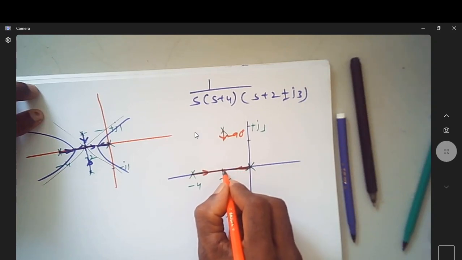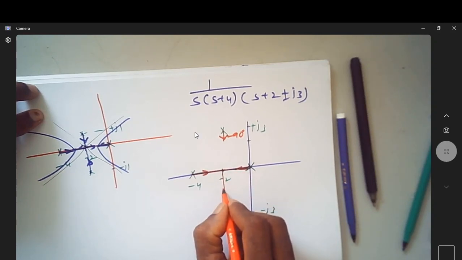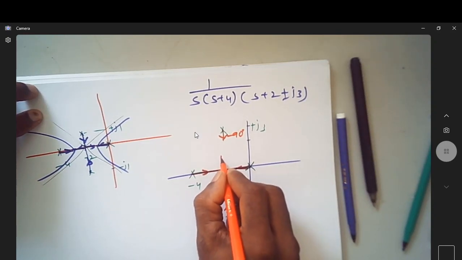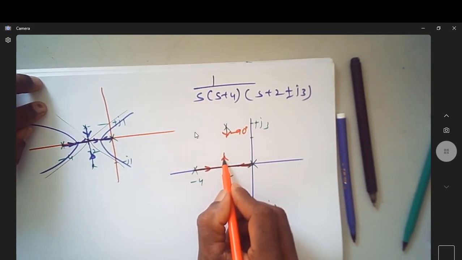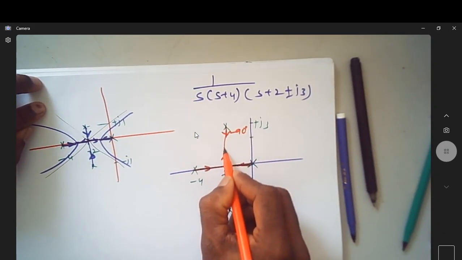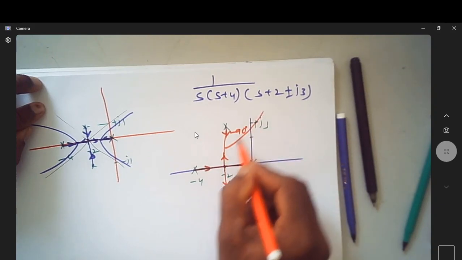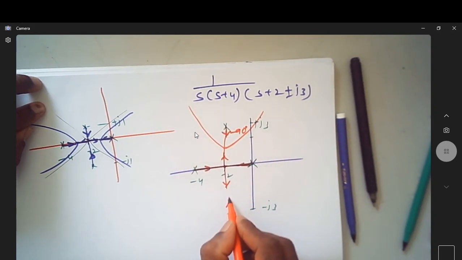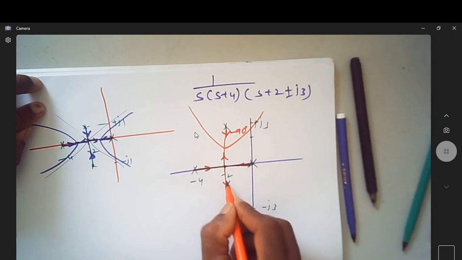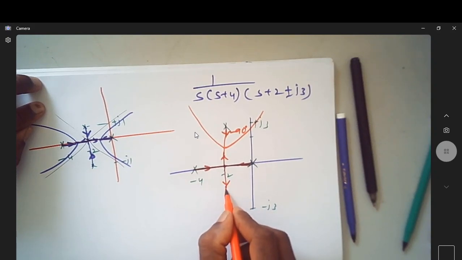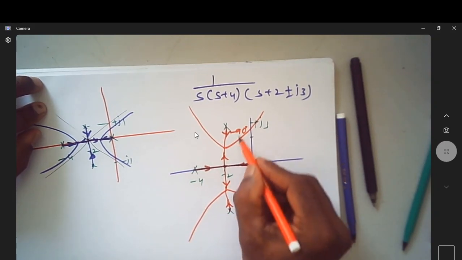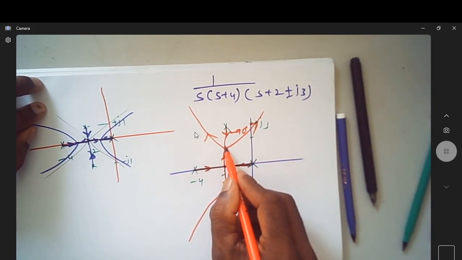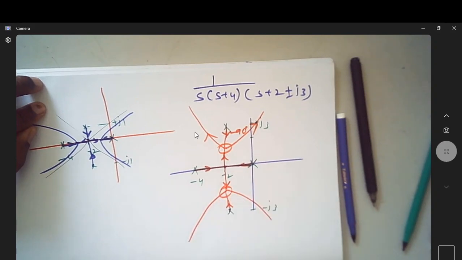The moment they break at minus 2, one tries to go down, other tries to go up. The one which is going down will again break somewhere here, and one will go here, other will go here. Here we know that one is coming down, other one is going up, so they break somewhere here, they go like this.